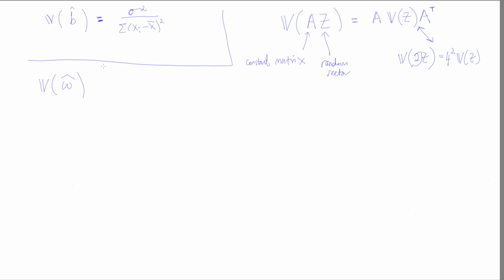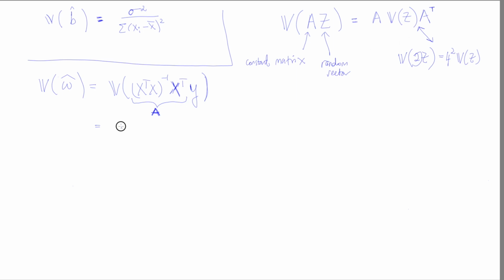All right, so let's go back to the variance of W hat. Well, this is the variance of X transpose X inverse X transpose Y. We can think of this whole thing as our A. I called it C before, but we should really call it a capital letter because it's a matrix. And let's use this rule.